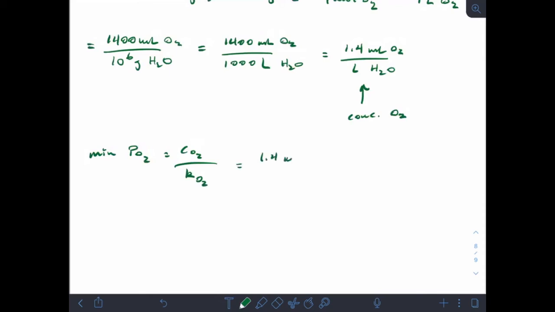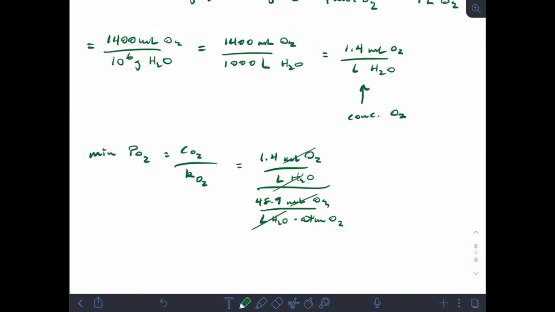So we have 1.4 milliliters of O2 per liter of H2O divided by our Henry's Law constant, which was 48.9 milliliters of O2 per liter of H2O times atmospheres of O2. And we find out that all of our units, our milliliters of O2 cancel out, our liters of H2O cancel out, leaving us with atmospheres of O2 on the bottom of the bottom, which makes it the top.